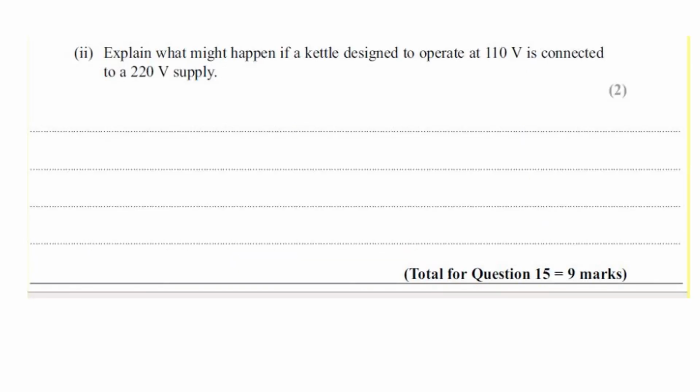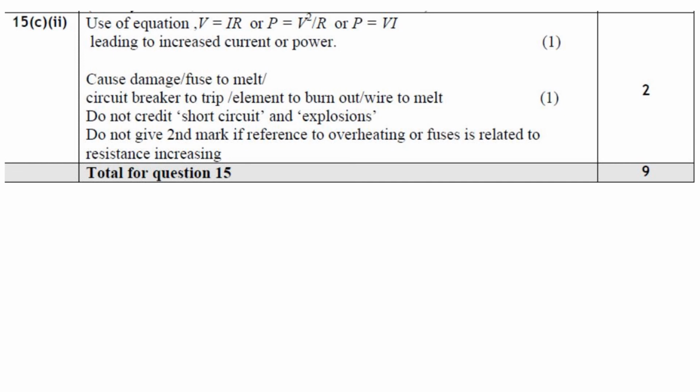And now the final part of this question, C part 2. Pause the video and have a go at this. So C part 2 answers, use of one of the equations, V equals IR, or power equals V squared over R, or P equals V times I, leading to increased current or power.